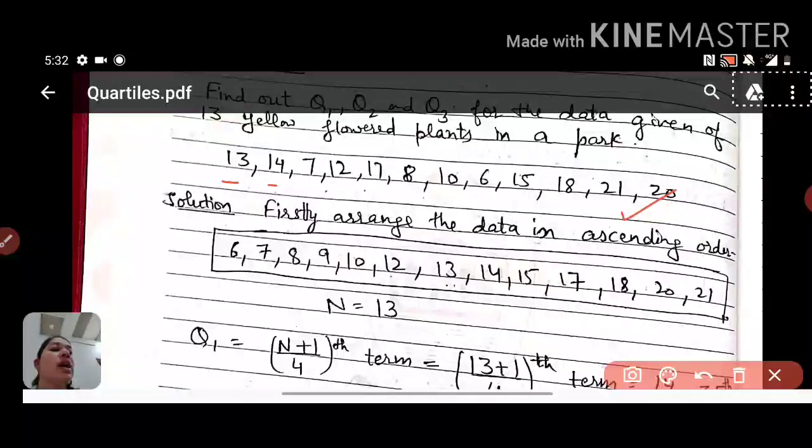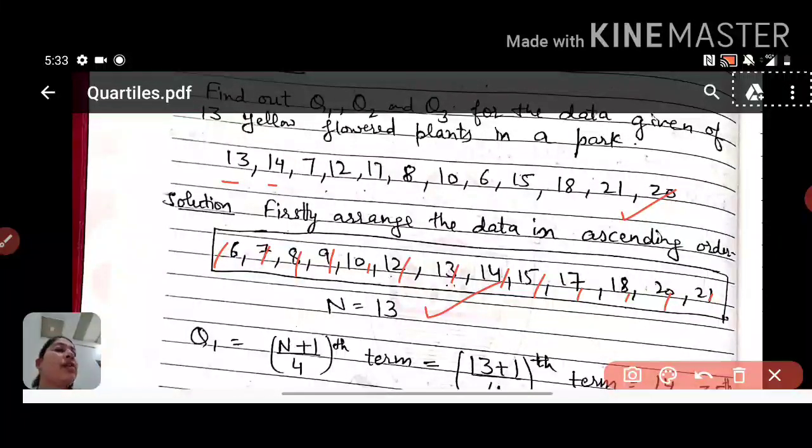Here I have arranged the data in ascending order and I have calculated the number of observations in the data. Here 1, 2, 3, 4, 5, 6, 7, 8, 9, 10, 11, 12, 13. So n is equal to 13. That means the number of observations is equal to n.